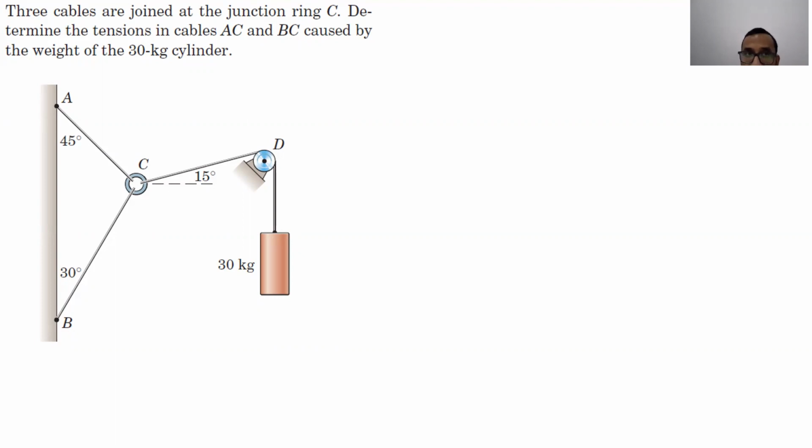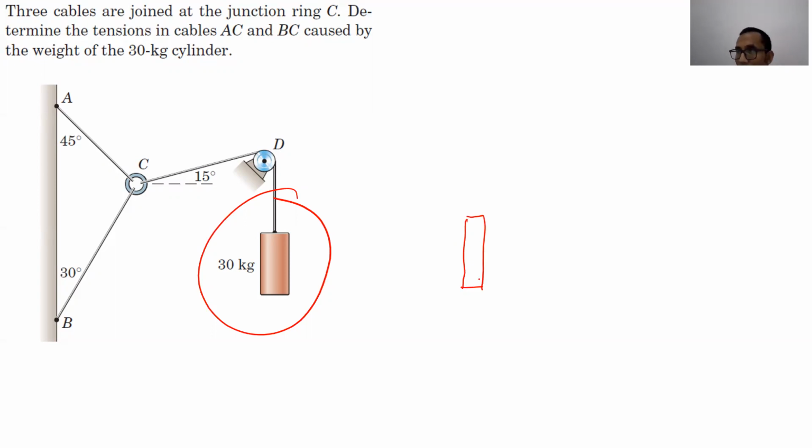Sorry, for the what? For the cylinder first. This one, you mean? Yeah. How can we draw the free body diagram for that cylinder then? That's the first one. Actually, it's correct.